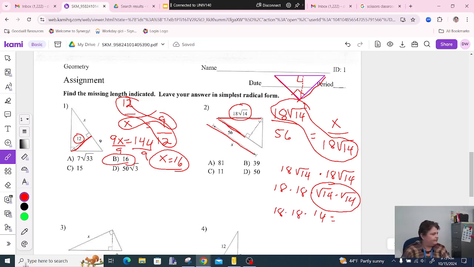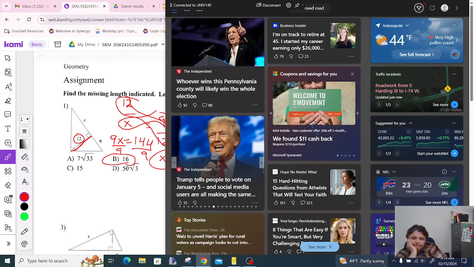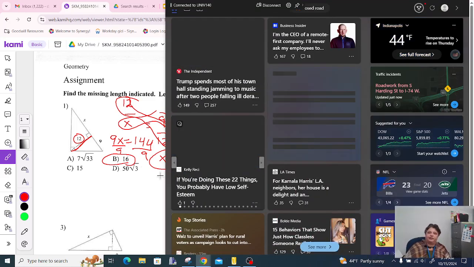What is it? Yep, I did this earlier. 4, 5, 3, 6. Now that's going to equal this side, 56x. So you divide by 56, and x is equal to 81, which was A. So you have to set up your proportions correctly.